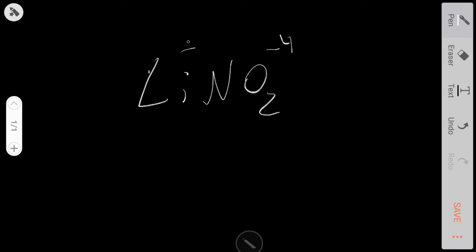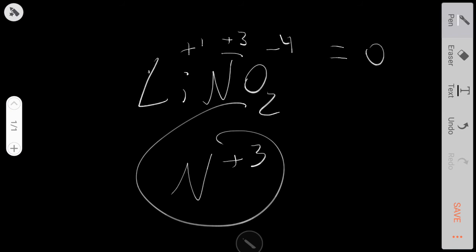Lithium is going to give me +1. And the original charge was 0. So all of this has to equal 0. So +1 something -4 equals 0. The only thing that nitrogen could be here is +3. So the oxidation number for nitrogen here is +3.